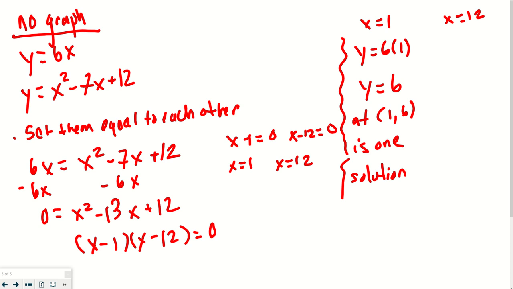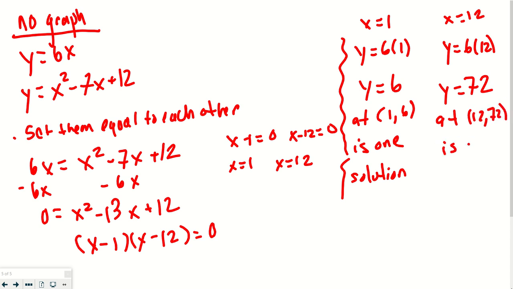Okay, and then y equals 6 times 12, 72. So then at (12, 72) is another solution.